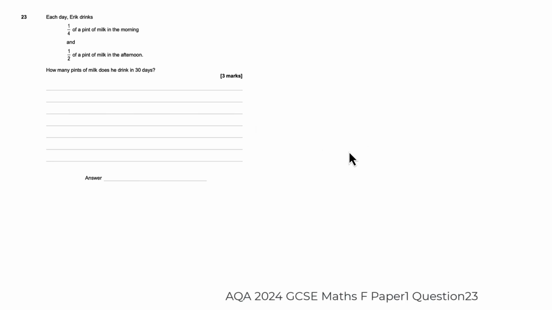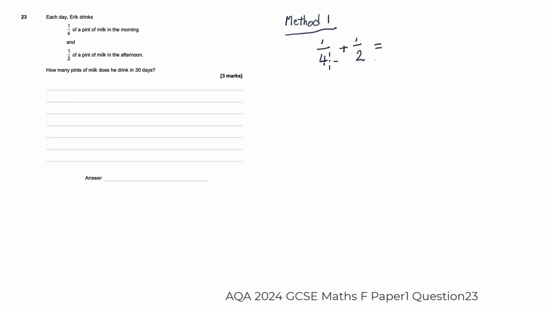So here's question 23. Eric drinks 1/4 pint of milk in the morning and 1/2 pint of milk in the afternoon. And he does this for 30 days. And we're asked how many pints of milk he drinks in total over these 30 days. Now, there are several ways of doing this. Let's have a look at method 1. We'll consider one day where he's drinking 1/4 pint in the morning, and then in the afternoon he's drinking 1/2 pint.